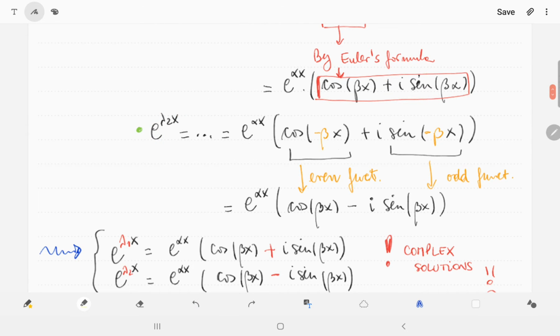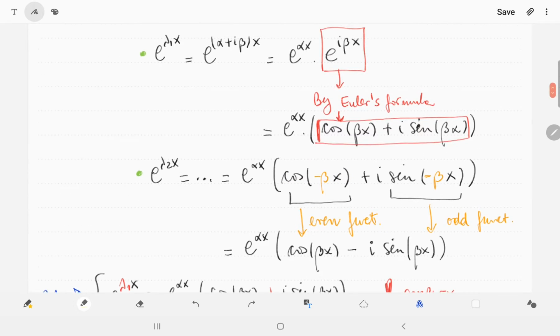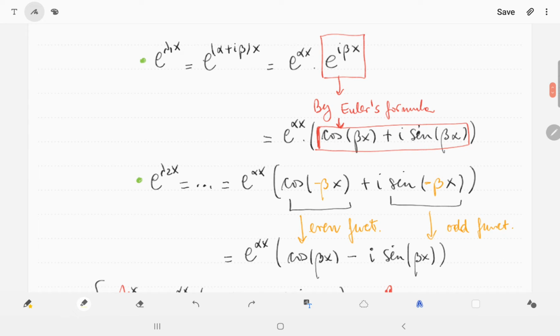Here we have minus beta, the cosine and the sine, but now we know this property: sine is an odd function, so this minus can go here, and cosine is an even function, so this minus disappears. So basically we have the first solution written in this way, the second solution written in this way.